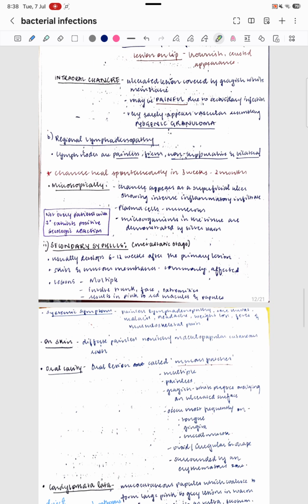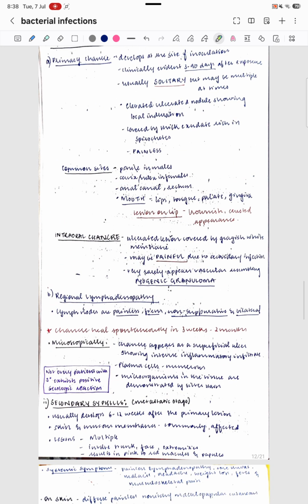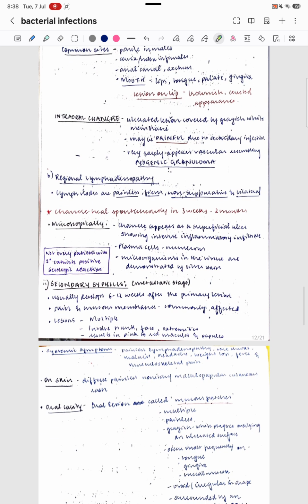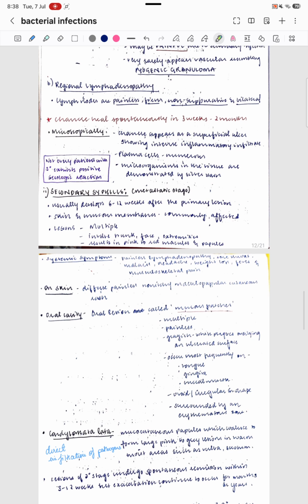Now coming to regional lymphadenopathy, it is an accompanying feature of the primary stage. The chancre heals spontaneously. Microscopically, the chancre appears as a superficial ulcer showing intense inflammatory infiltrate. Not every patient with primary syphilis exhibits positive serological testing. So if a person with primary syphilis tests himself or herself, it might not show a positive result.